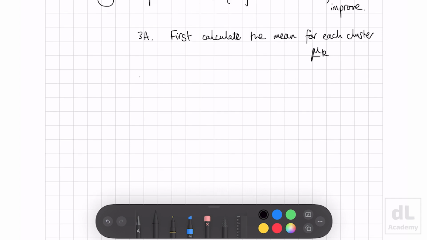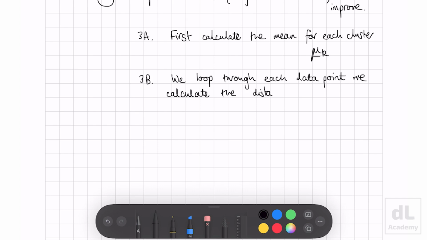The next step is we loop through each data point, and then we calculate the distance, which is between the sample, x_i, and the mean of a cluster.